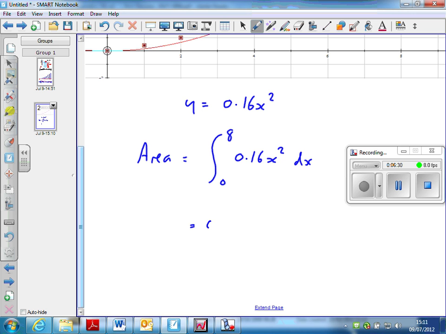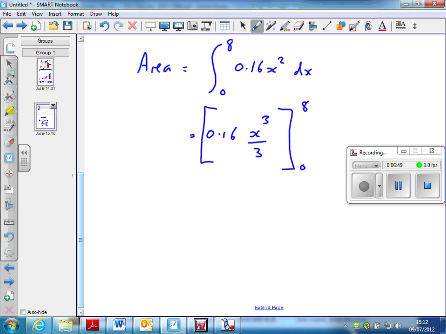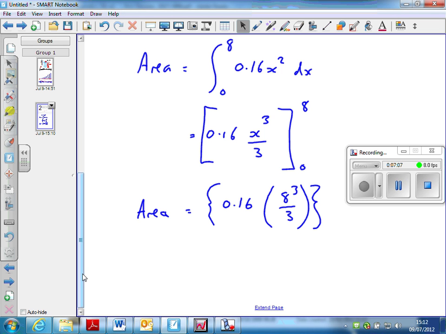And this would equal 0.16 times x cubed over 3 between the limits of 0 and 8. So I can now put x equals 8. Obviously when x equals 0 the whole thing's 0. So it turns out the area equals 0.16 times 8 cubed over 3. And we could work out what that was and see how close that was to the answer that we had from Simpson's rule.